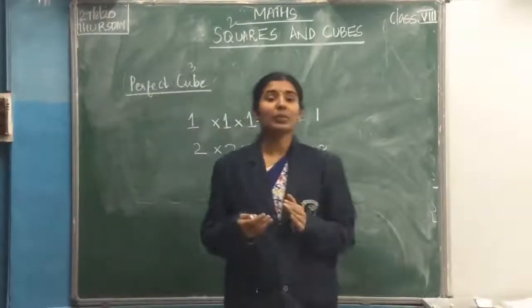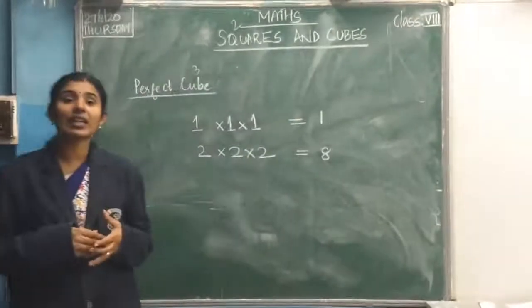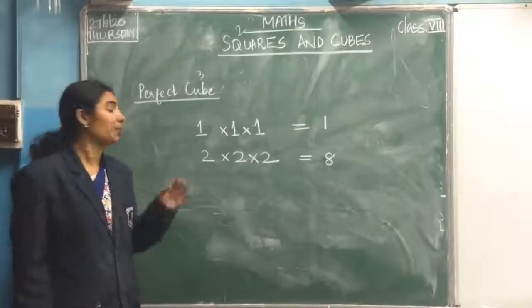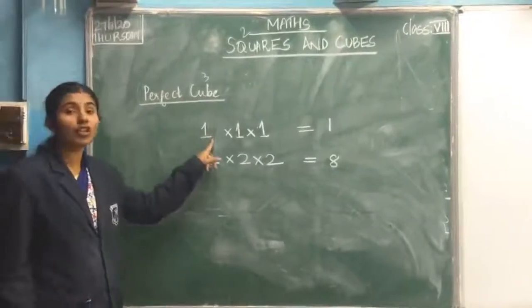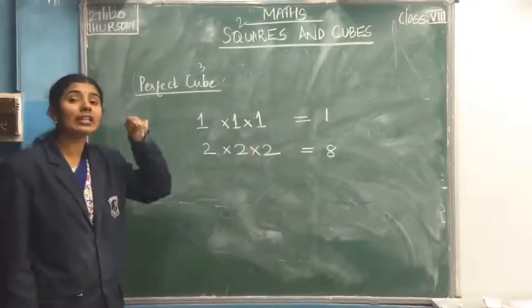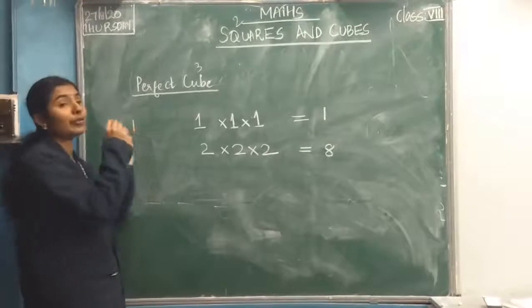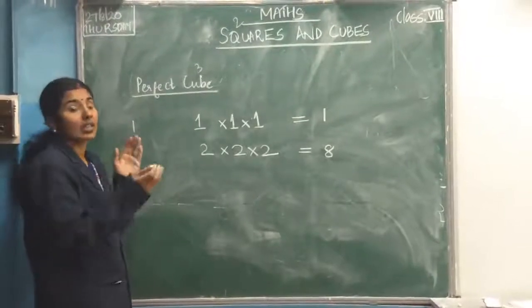So what is meant by a perfect cube? When you are given one number and multiply it 3 times, you get the perfect cube. You know that 1 multiplied 3 times gives 1. How can you write the perfect cube of 1?